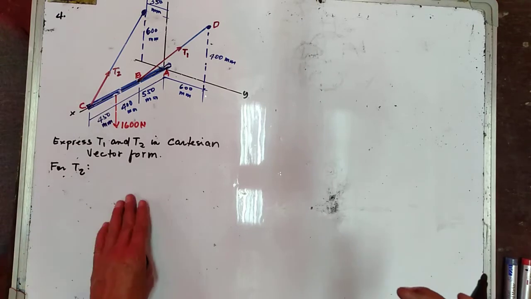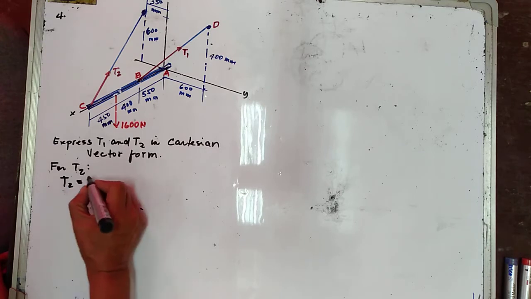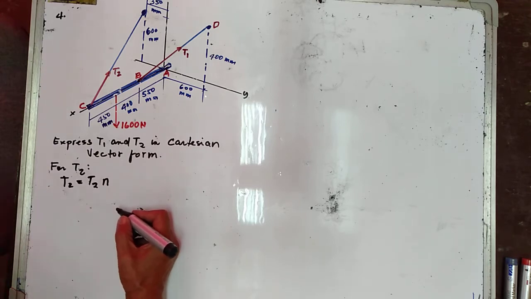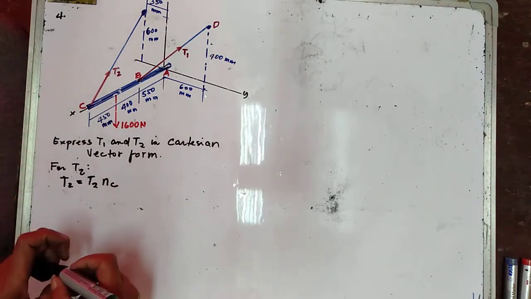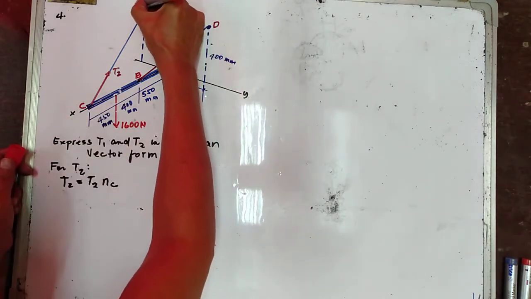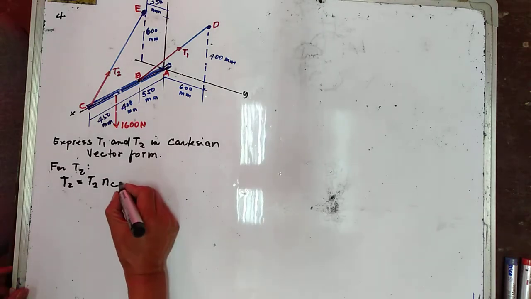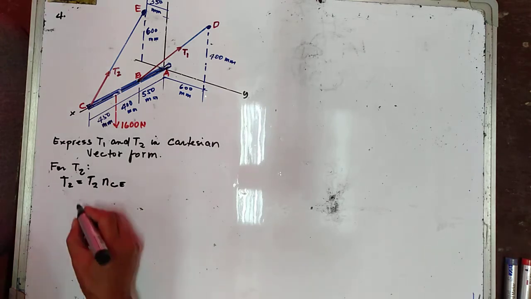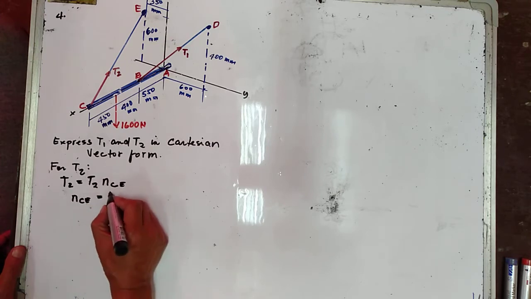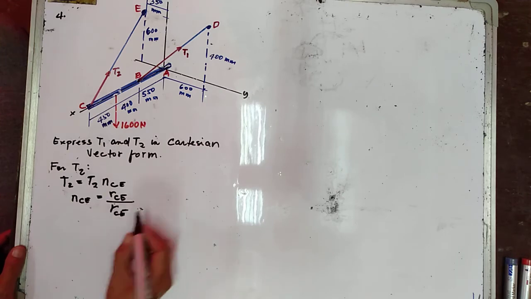Next, for T2 in Cartesian vector form, your T2 is equal to the magnitude of T2 multiplied by the unit vector CE, where we consider this point in here as point E. Again, your unit vector CE is the vector CE all over the magnitude of this vector.